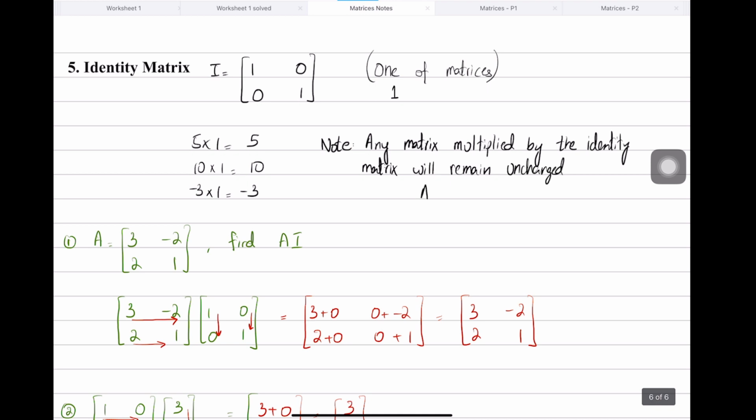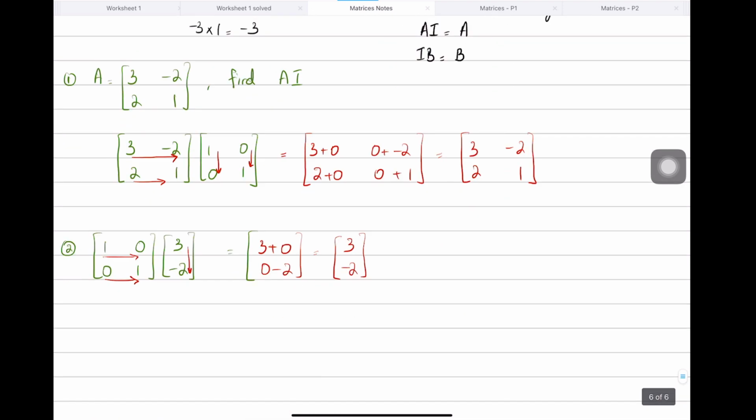What does that mean? That means if you do A times I, the answer will be A. Or let's say if you do I times B, the answer will be B. So that's what identity matrix is. It's a matrix which, if you multiply any other matrix with it, the answer remains the same.